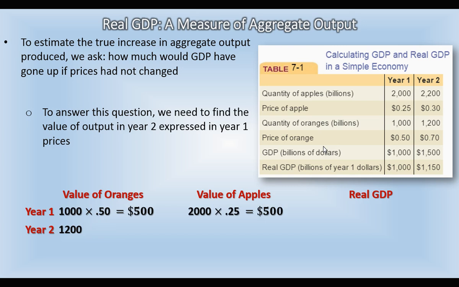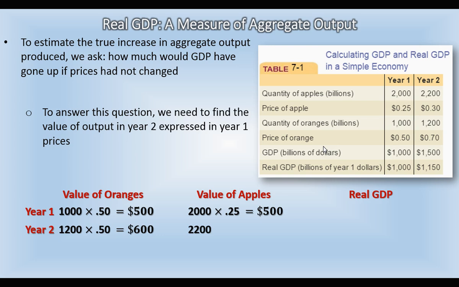500, oranges and apples. Now if we don't take into account the price changes and simply value oranges in terms of quantity, reflecting the prior year's prices, then we're going to get 1,200 oranges produced in the second year at a price of 50 cents. In that case, the value of oranges the second year is going to be $600.